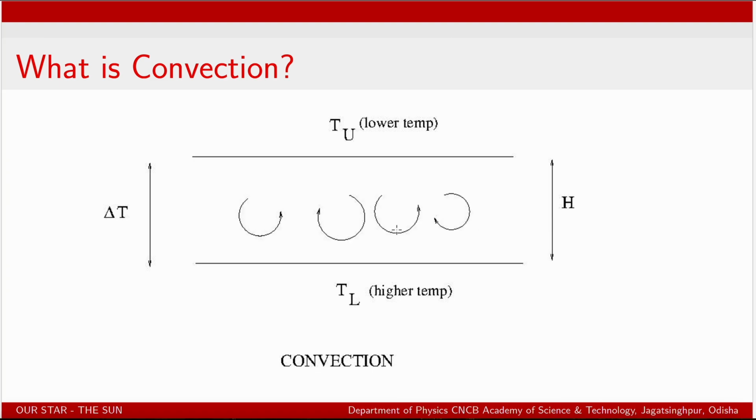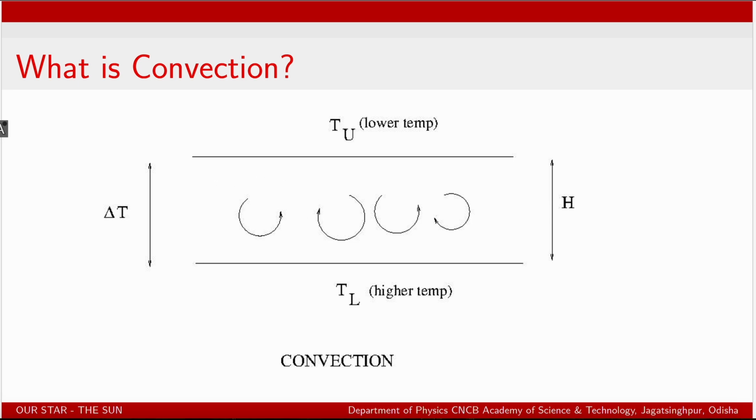So what is convection? The geometry is the same. Suppose we are on the surface of the earth. Now if I keep on increasing the temperature difference delta T, then what we will see is that macroscopic motion of the fluid sets in. And what we get is these kind of rolls.